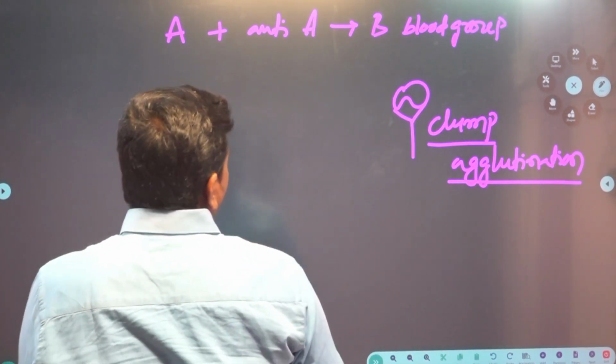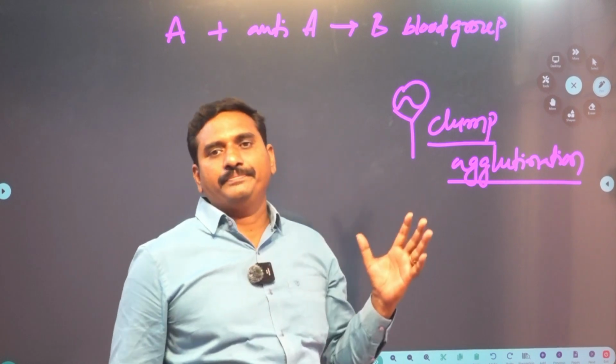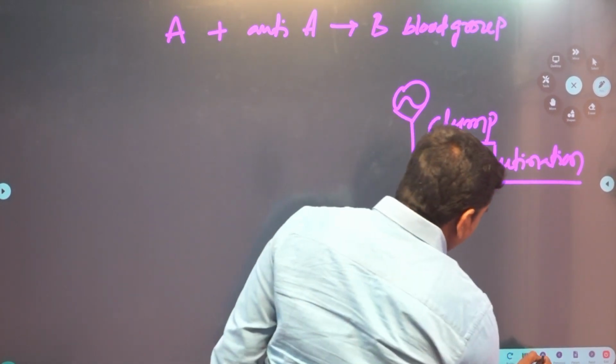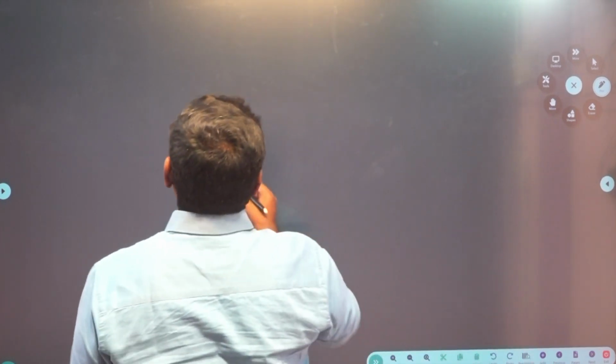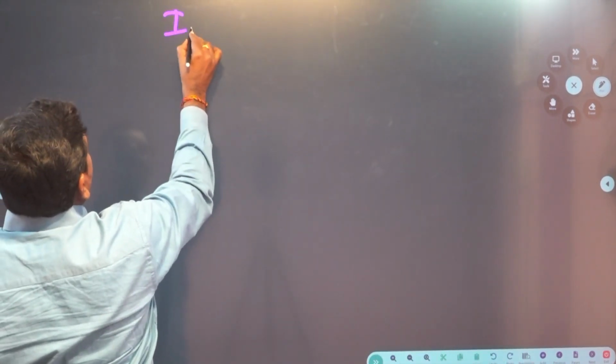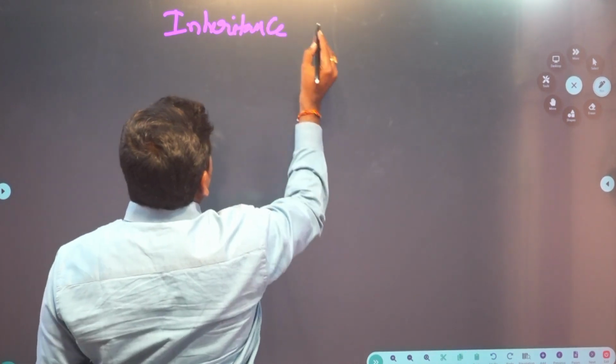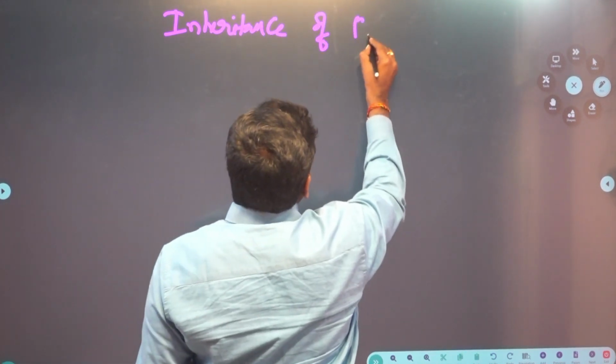So one scientist, Bernstein, explained the inheritance of blood groups.